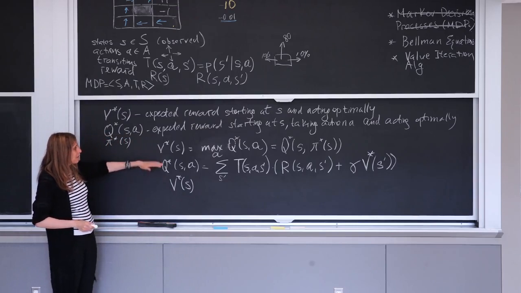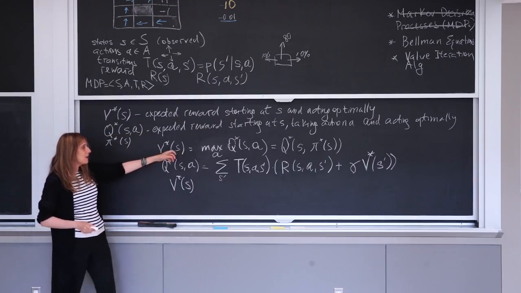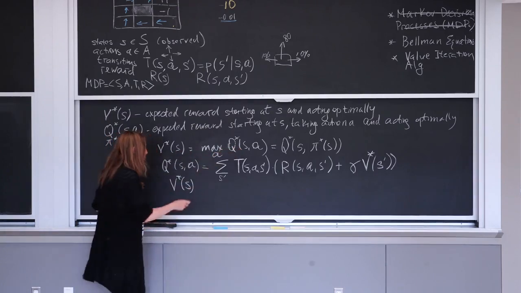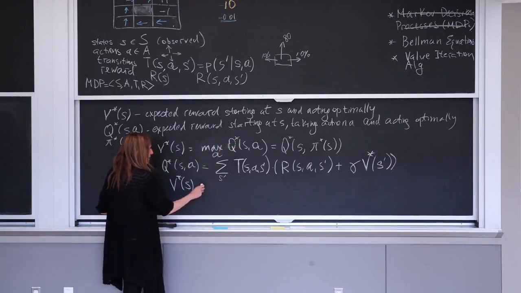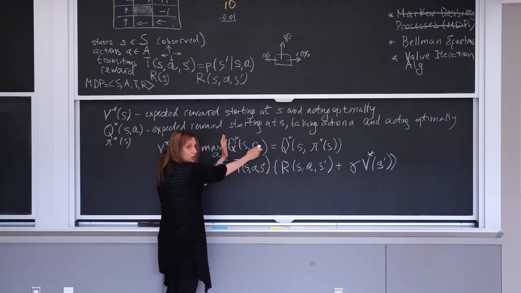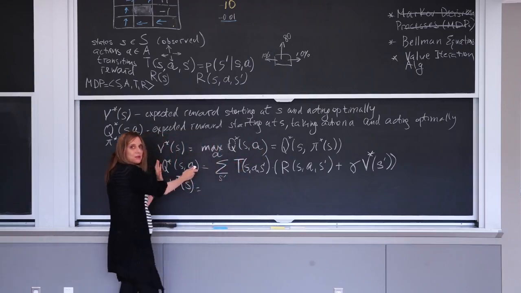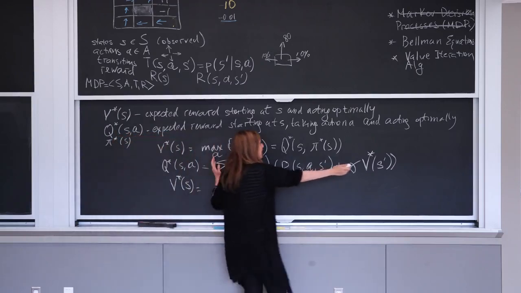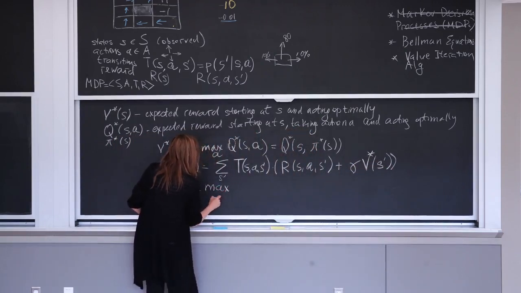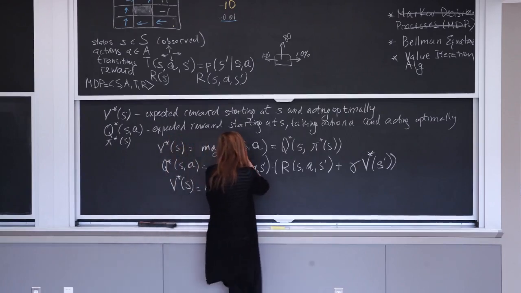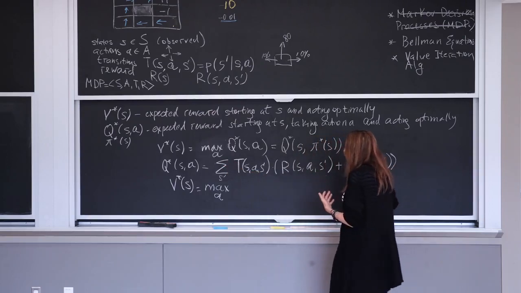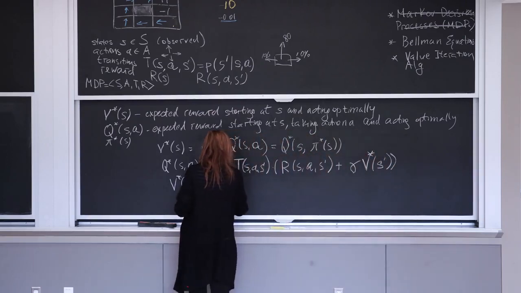And you remember that based on our formula, V is just the max over all the A's of Q star of S, A. So what I can do is take this expression, and instead of having Q star here, I would write what we already estimated. I'm just going to copy this whole expression. So we're going to have max over A, and then instead of Q star of S, A, I'm going to write this full expression. And let's see what we will get if we do that.